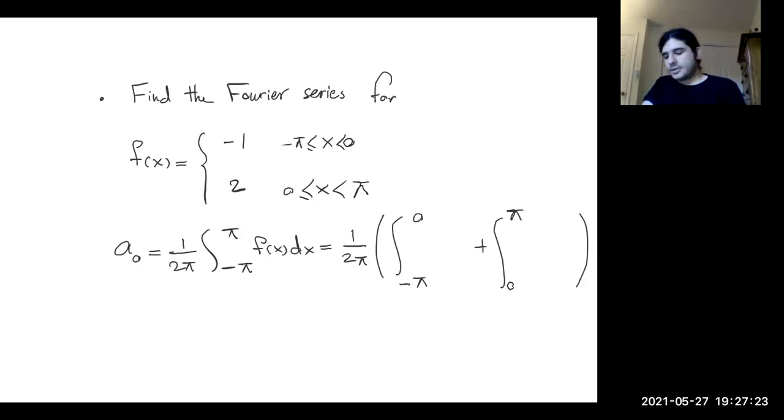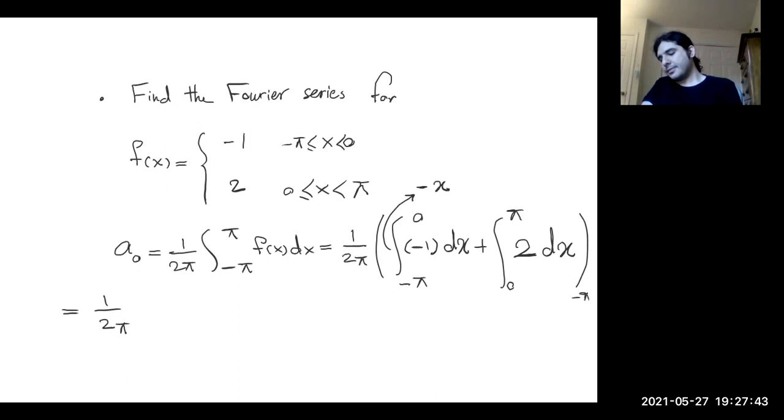From minus pi to 0, the function f is equal to minus 1. From 0 to pi, the function is equal to 2. So the result would be, well, the first integral is just minus x, and the second integral is just 2x.